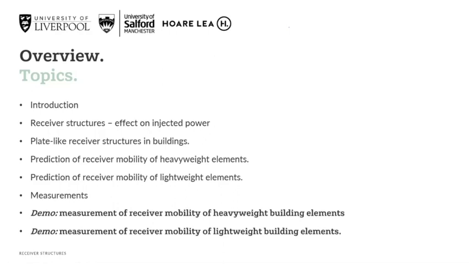We'll then look at some simplistic functions or relationships to see if we can predict the receiver mobility without going through a big measurement campaign or exercise. And we'll also touch upon the measurements. At the end, we'll follow up with some demos on real receiver structures in buildings and see how well they compare with the existing theories or relationships that we have.